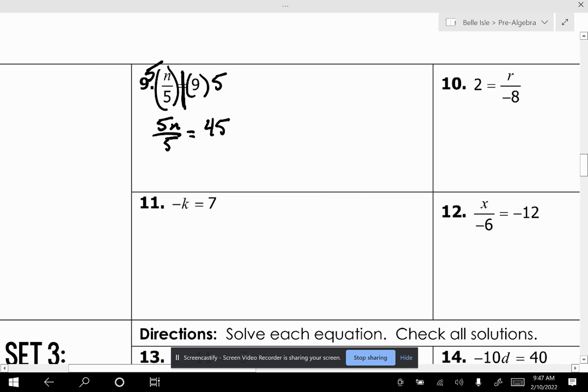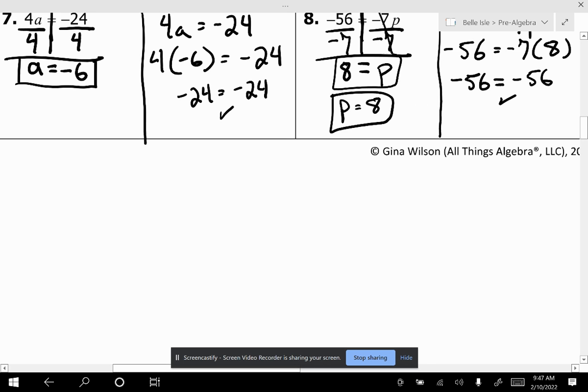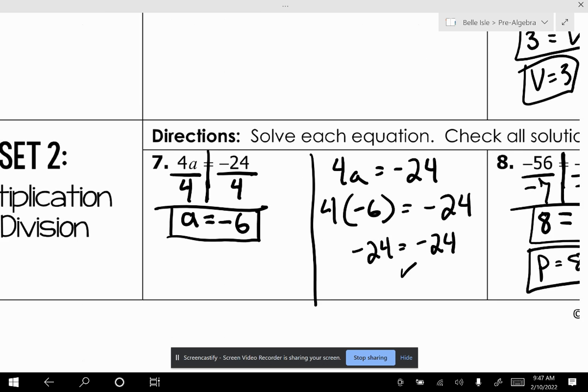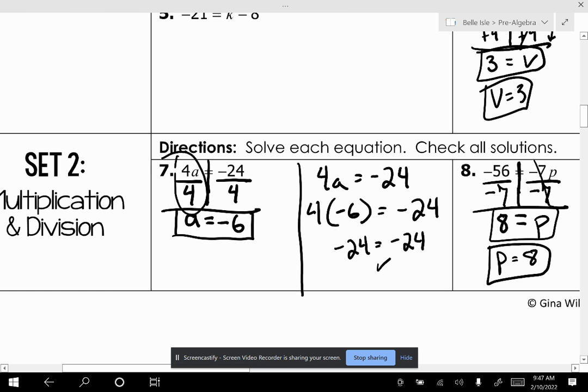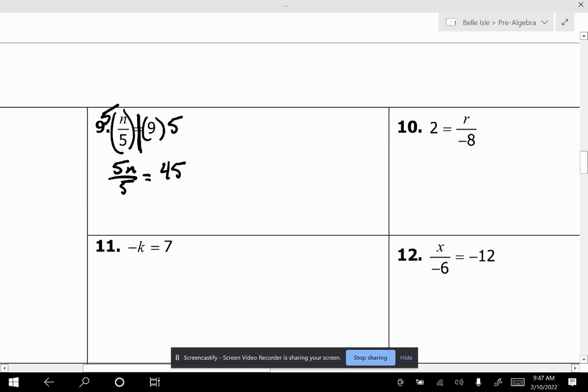What happens to the 5s on the left side? Think back to our operations on doing the multiplication up here. When we had this 4 right here, we had a 4 on top and a 4 on bottom. What happened to the 4s? They canceled out, right? To a 1. Same thing right here. So now we're just left with n equals 45.